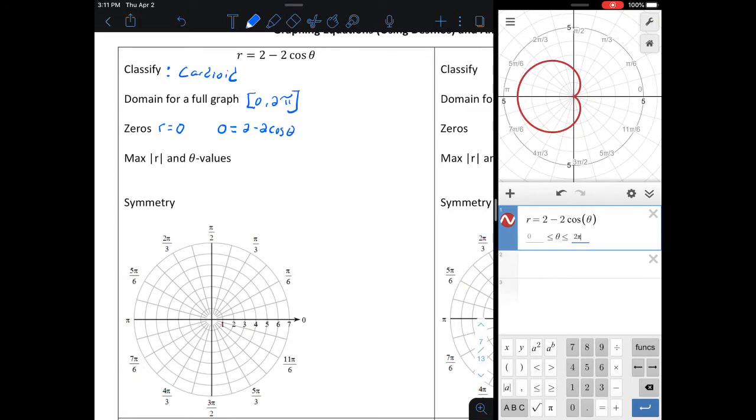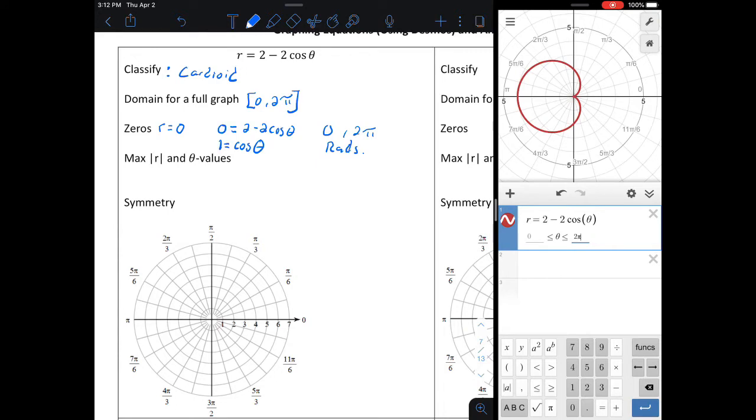I could look at that expression and say the right-hand side is going to produce 0 when cosine equals 1. Then I would solve for theta. Cosine equals 1 on the unit circle at 0 and at 2 pi radians. So the zeros here are going to be at 0 and 2 pi radians.